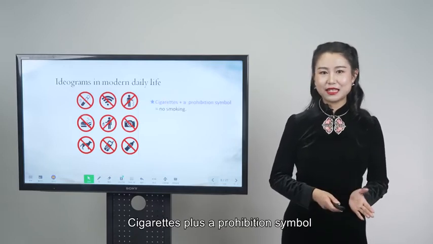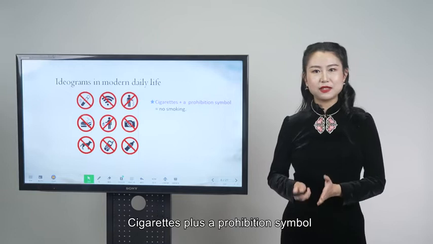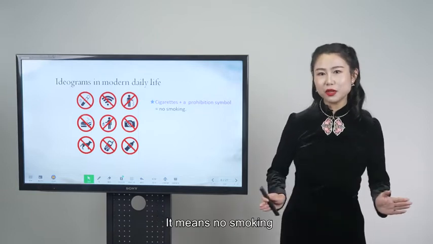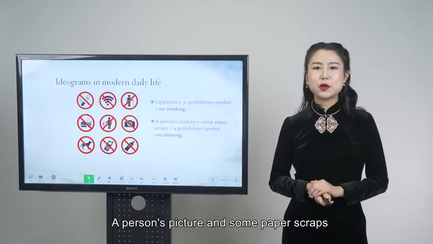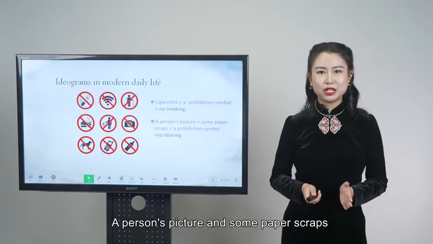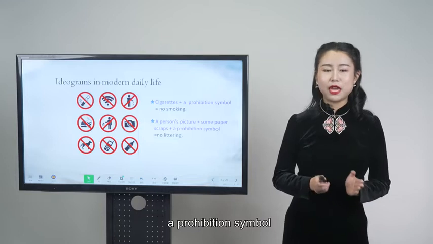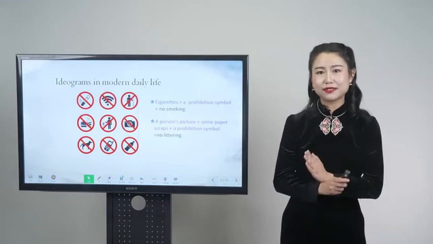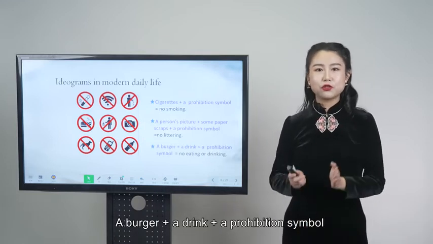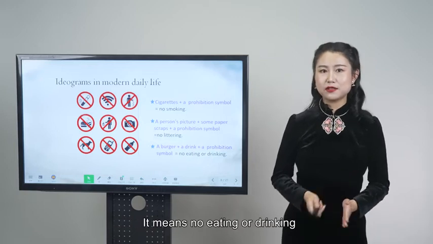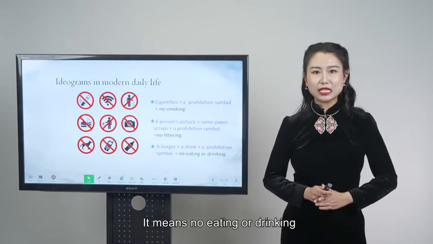Cigarettes plus a prohibition symbol means no smoking. A person's picture and some paper scraps with a prohibition symbol means no littering. A burger, a drink, and a prohibition symbol means no eating or drinking.